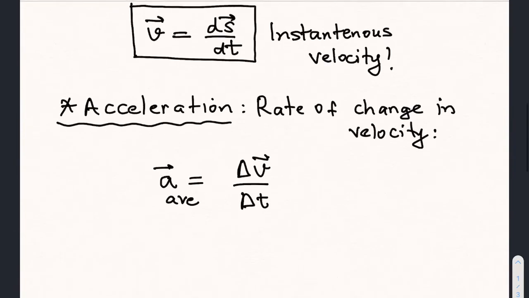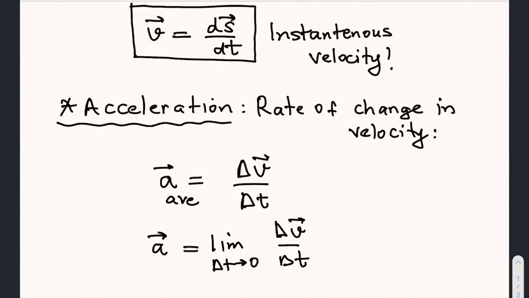But similar to the instantaneous velocity, I can focus on a specific instant and define an instantaneous acceleration, which is the limit as delta t goes to 0 of delta v over delta t, and this turns out to be the differential of velocity with respect to time.